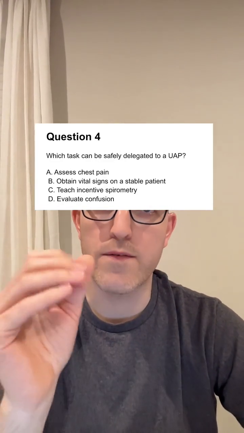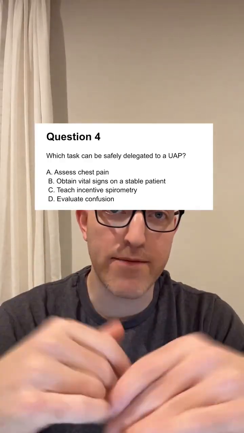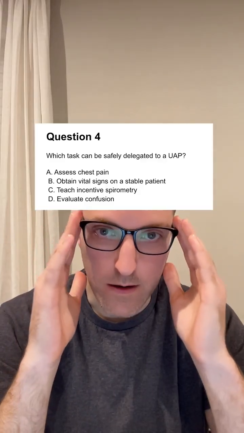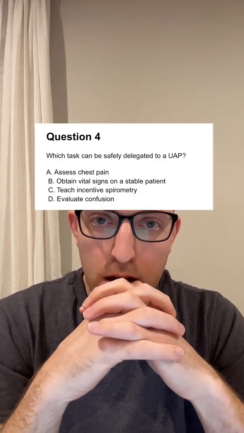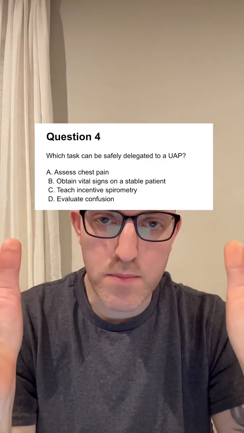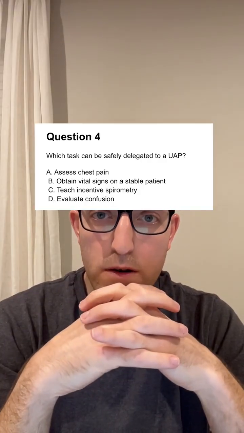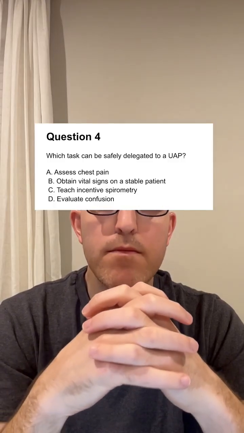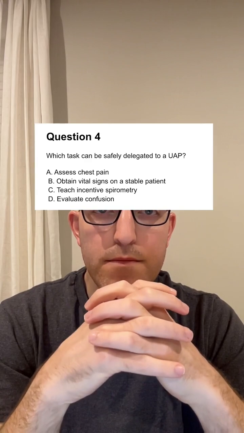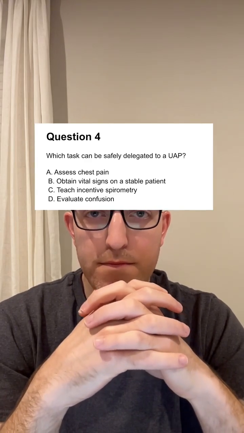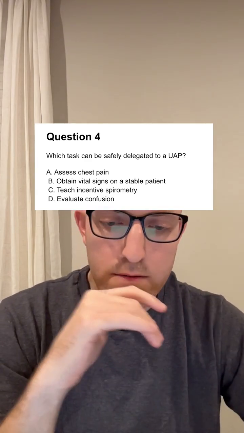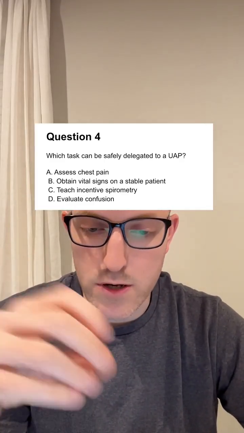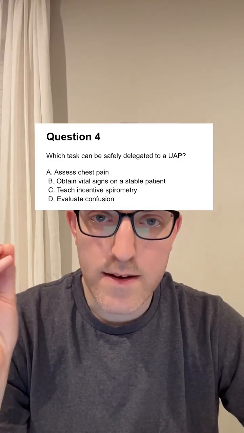And then question 4 of the case study: which task can be safely delegated to a UAP? Does everybody know what a UAP stands for? So B, because vital signs on a stable patient are routine data collection.